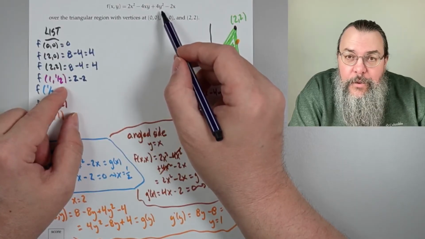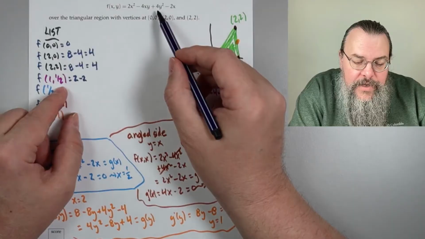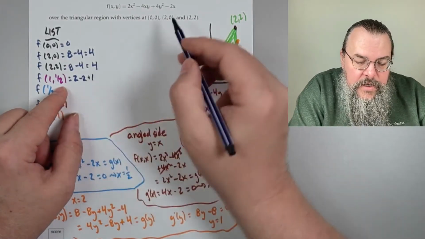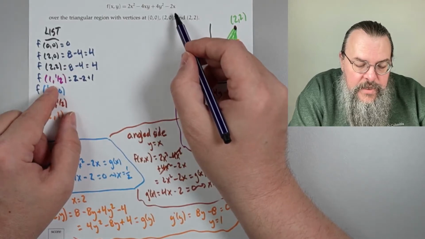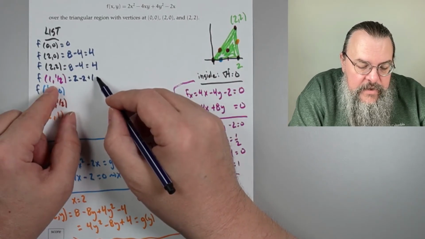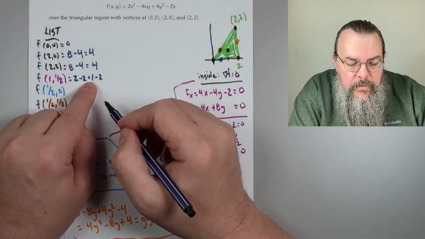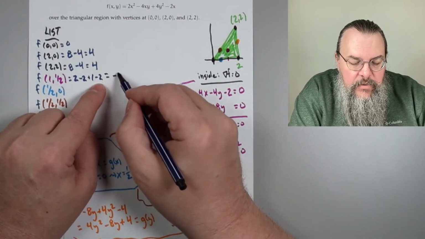Well, 1/2 squared is 1/4 times 4. 4 times 1/4 is 1, so we add 1. Then we subtract 2 times 1, and so that's minus 2. 2 minus 2 is 0, plus 1 is 1, minus 2 is minus 1.